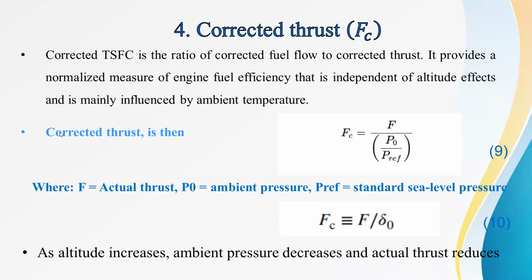In our case, corrected thrust is given by F_c equal to the actual thrust F divided by the pressure ratio, so F_c equals F over delta naught. That is at reference condition.